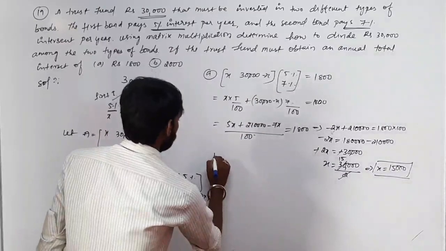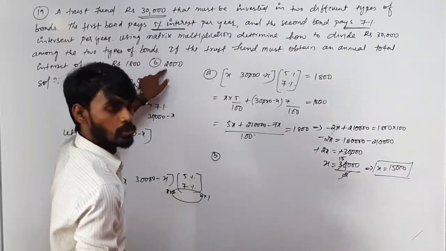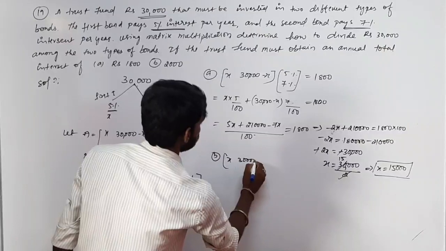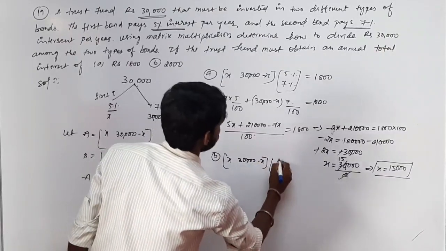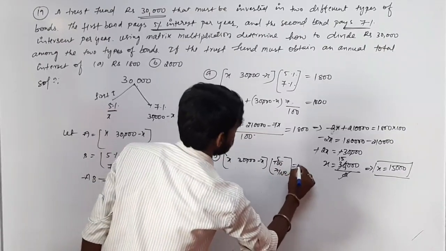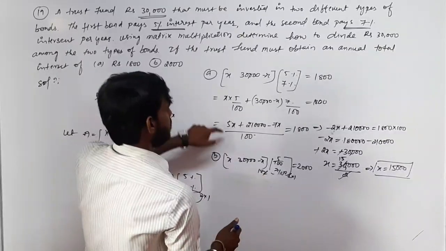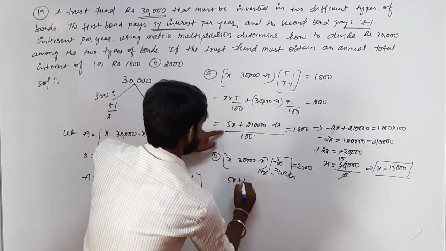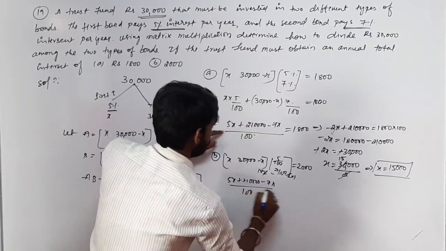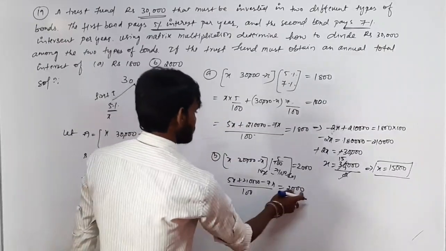Same thing you can do for B. Just take the right-hand side equal to 2,000. The simplification will be the same. X, 30,000 minus X, into 5 divided by 100, 7 divided by 100, is equal to 2,000. Already solved here, we can take directly 5x plus 210,000 minus 7x divided by 100 is equal to 2,000. Now we can send these things across.